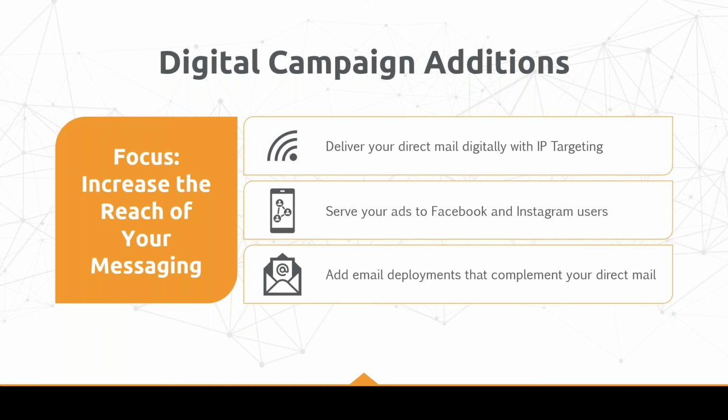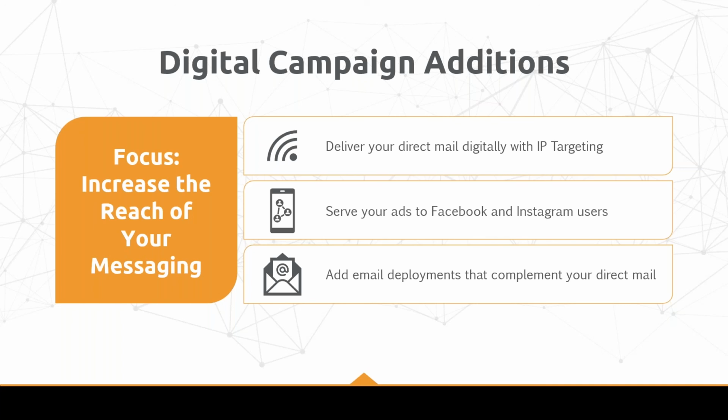Through the network that is available through IP targeting online, you have the ability to extend your reach and create more impressions with those individuals. They'll see it while they're online, and then they can actually get a direct mail piece and physically hold that, and they'll be more familiar with your brand and more likely to engage because they've seen your offer more.